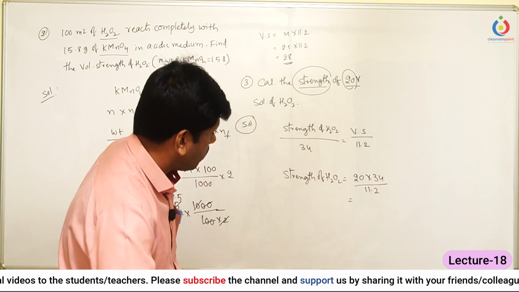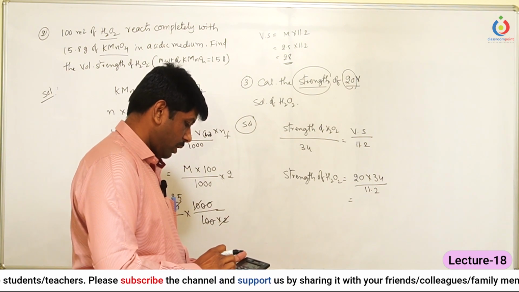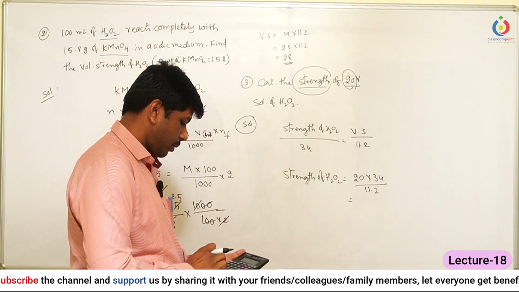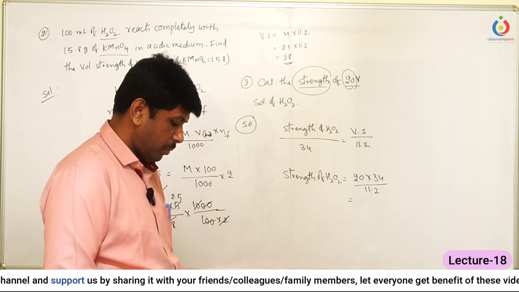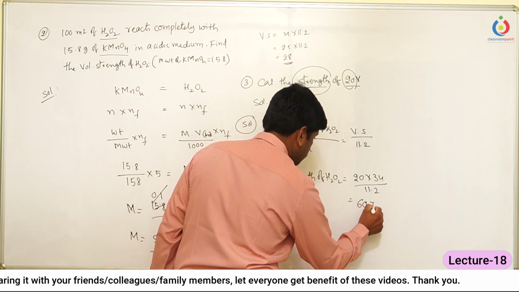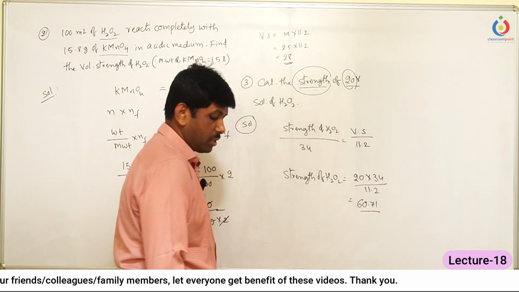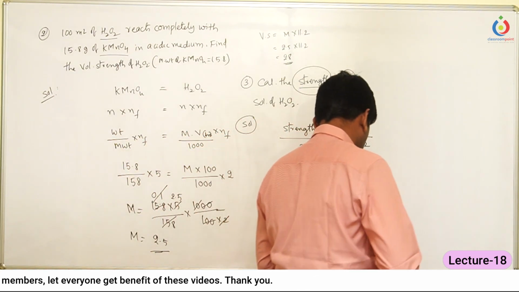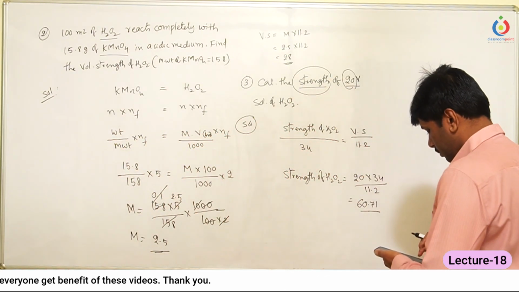Let me make the calculation easy: 20 into 34 divided by 11.2 equals 60.71. This is the strength of the H2O2. Now let's go to another question.